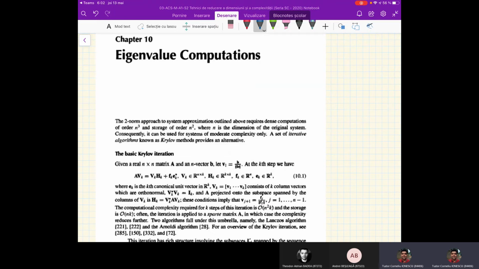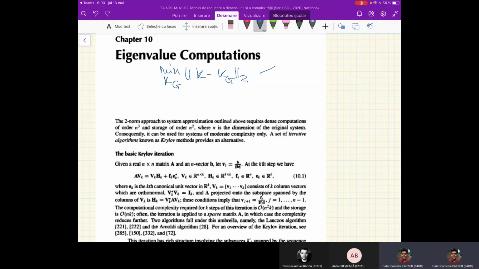They say here that the two-norm approach to system approximation requires dense computation. We talked about minimizing the infinity norm or the Hankel norm. Now we are talking about minimizing the two-norm approximation. So essentially, you would like to solve the minimum over all Kg of the two-norm of K minus Kg.